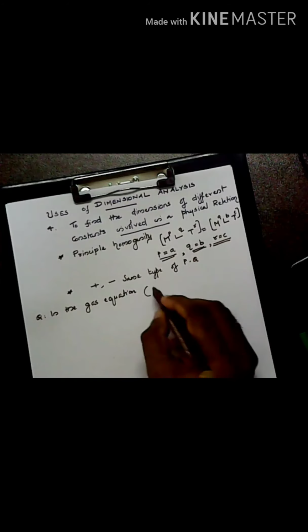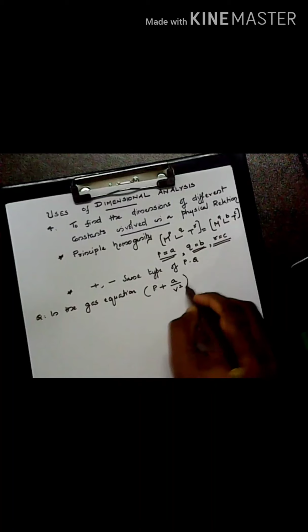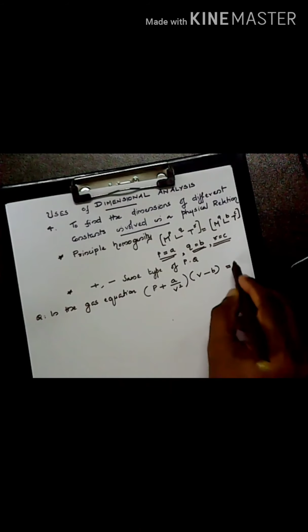In the gas equation, it is given as (P plus A by V square) into (V minus B) equal to RT, where T is the temperature, P is the pressure, V the volume.